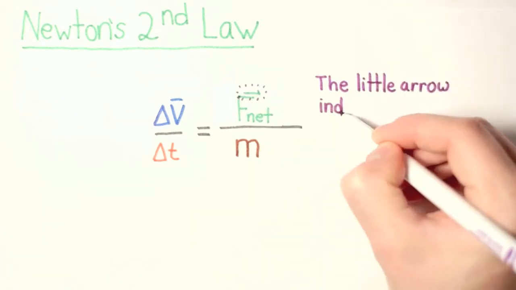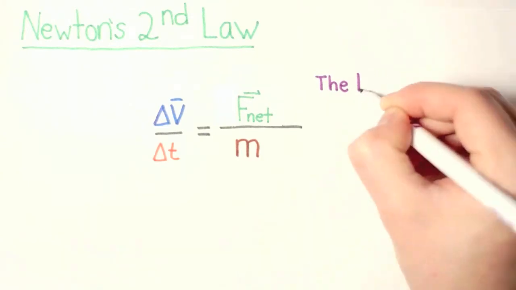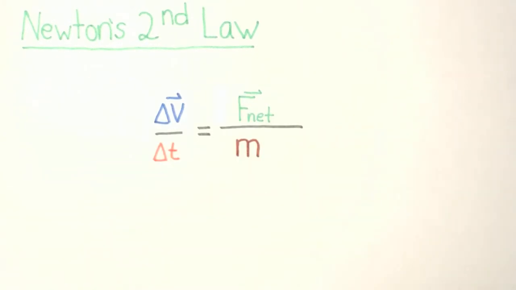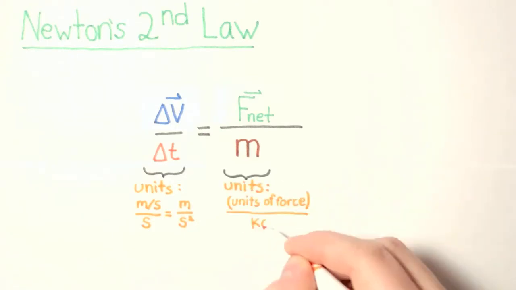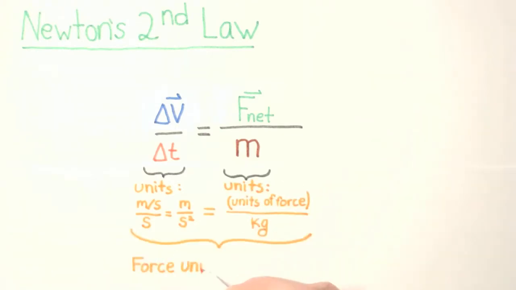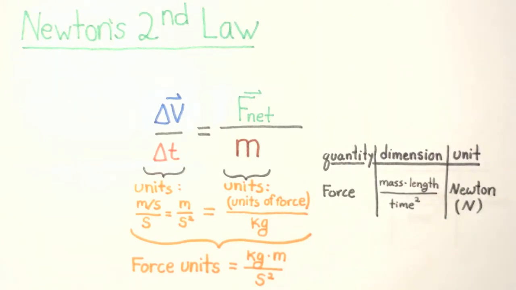Right away, we can apply dimensional analysis to Newton's second law to determine the dimensions of force, which we see are the product of mass times length divided by time squared. The corresponding units that we'll typically use are kilogram meter per second squared, which together have been given the name of the Newton.